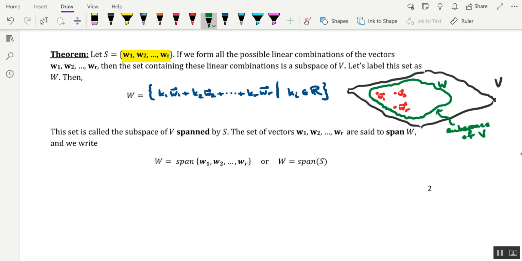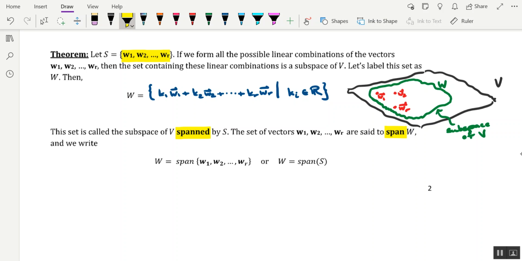Now, this set W has a special name. The set is called the subspace of V that is spanned by the vectors from S. And the vectors that are generating the subspace are said to span the subspace W. Basically, they're kind of like subspace generators.